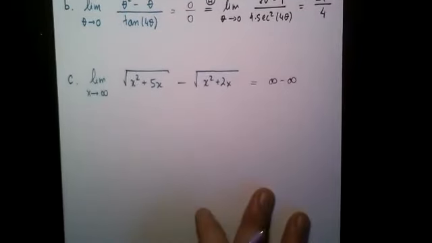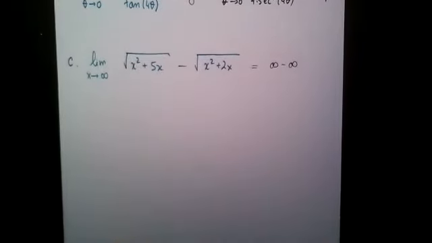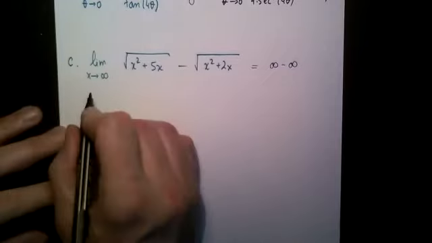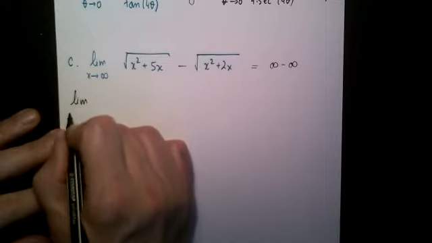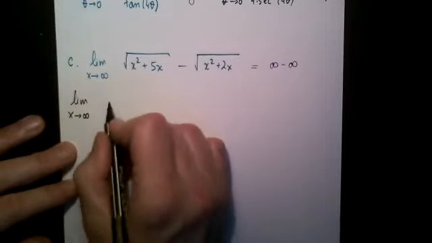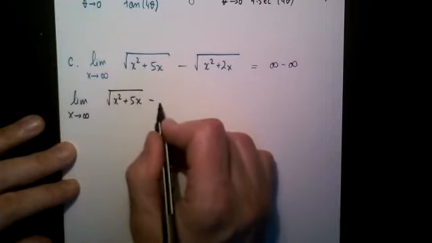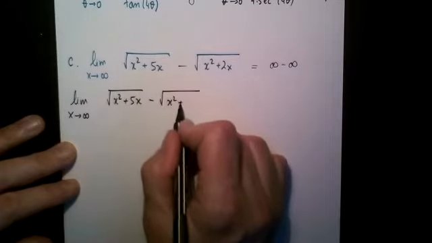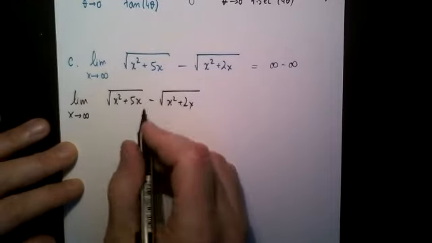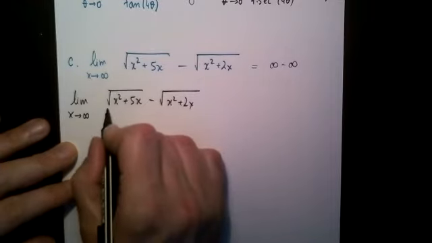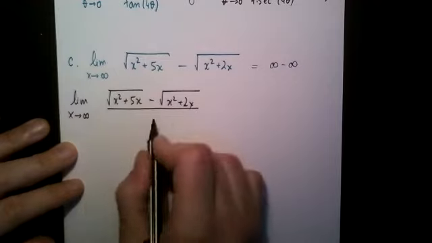What should I do? What do you suggest? You can multiply by the conjugate. Okay, so let's rationalize. Perfect. Limit x approaches infinity, square root x2 plus 5x minus square root x2 plus 2x, and this is like over 1.